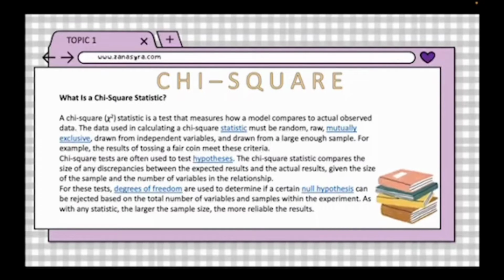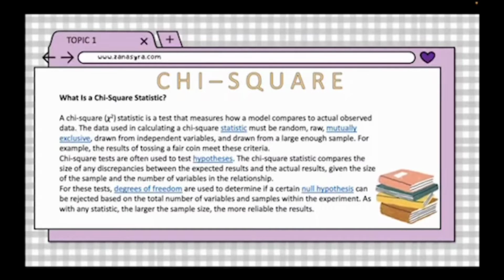Chi-square tests are often used to test hypotheses. The chi-square statistic compares the size of any discrepancies between the expected result and actual result, given the size of the sample and the number of variables in the relationship.